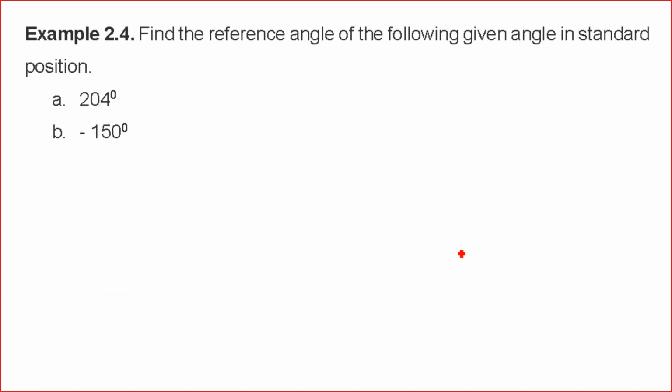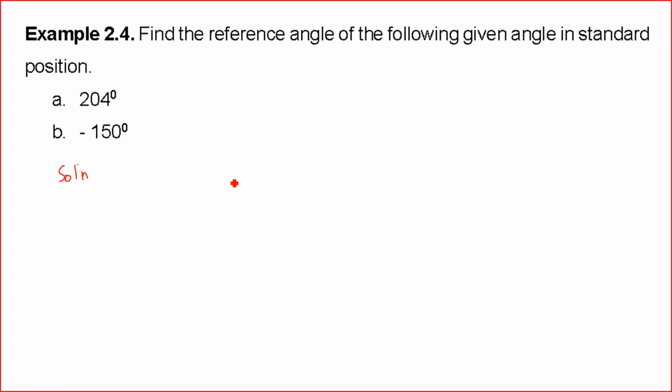Find the reference angle of the following given angles in standard position. I believe that is already discussed. For our solution, it is better that we first visualize our angle, which is 204 degrees, in standard position.